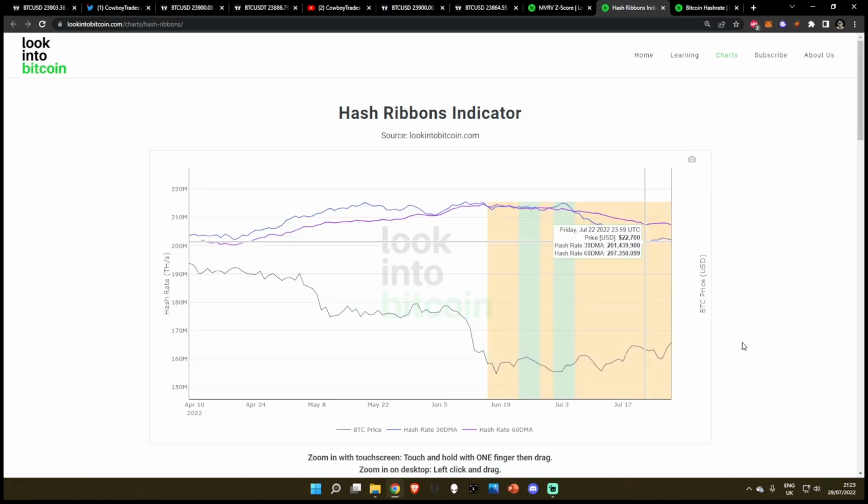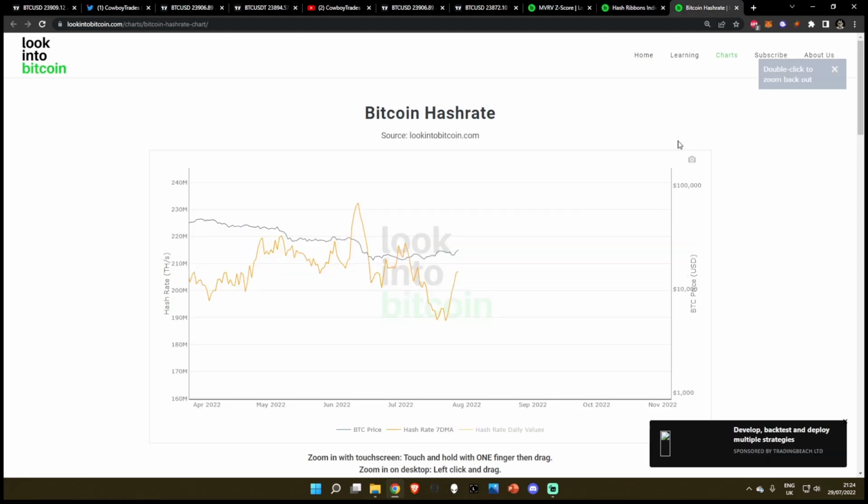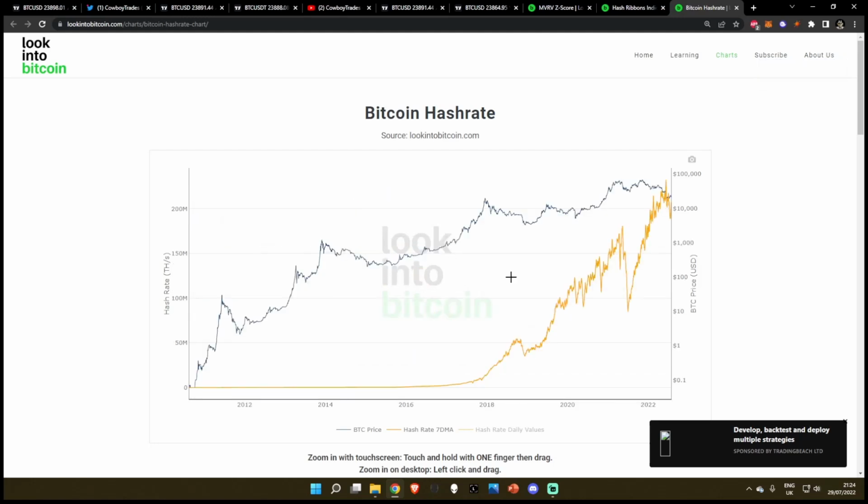And what you can see, zooming into the price action, is that we actually had a bearish flip of this quite recently when the price was around 20,000, and the blue line for the hash rate has been moving down. The hash rate, though, in the past couple of days, bear in mind, has had a decent size correction, a very decent size correction.